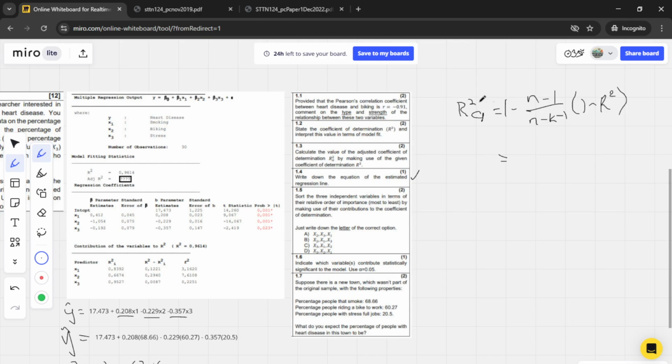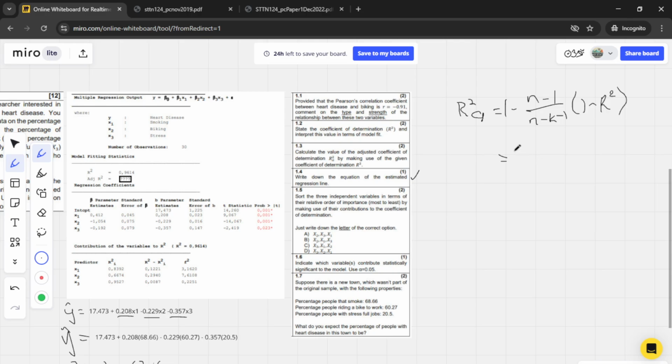In this case it's going to be 3 because it's x1, x2, and x3. Sometimes it's 2, sometimes it's 4. I've never seen a question paper with 5, but it can get to that point. And r squared is the normal coefficient of determination, which is going to be given to you. So now we have everything.